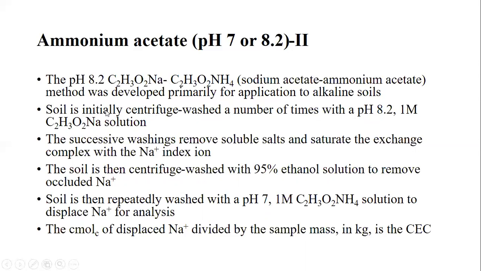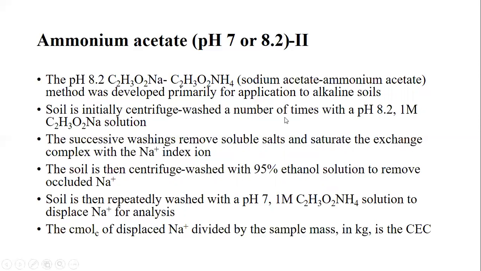Remember, we need to saturate the soil with sodium, which means all exchangeable sites have to be occupied by sodium. If you do it one time, you shake the soil with this solution, you cannot be sure that all the exchangeable cations were removed and sodium took their place.